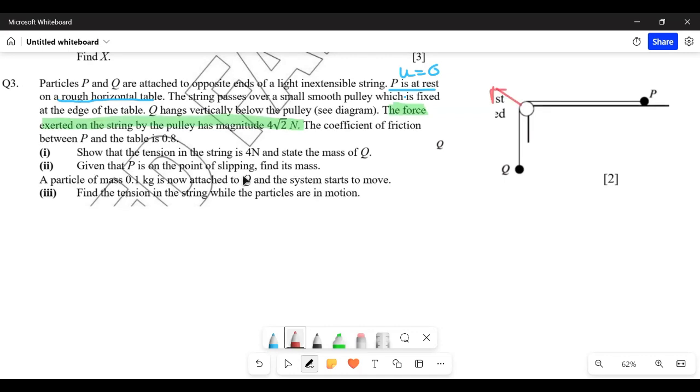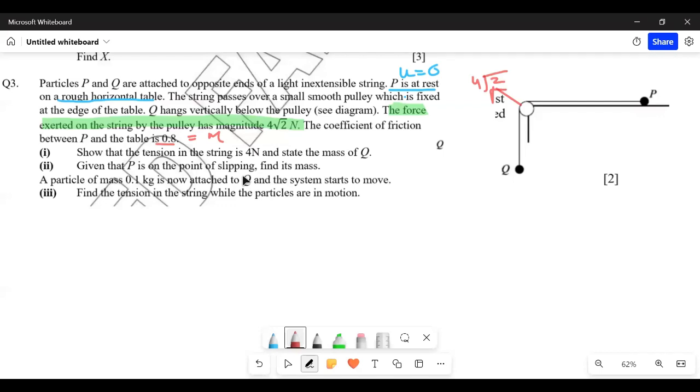Usually there's no force mentioned on the pulley. In this question, there is 4 under root 2. The coefficient of friction between P and the table is 0.8. Show that the tension in the string is 4 Newton and state the mass of Q.